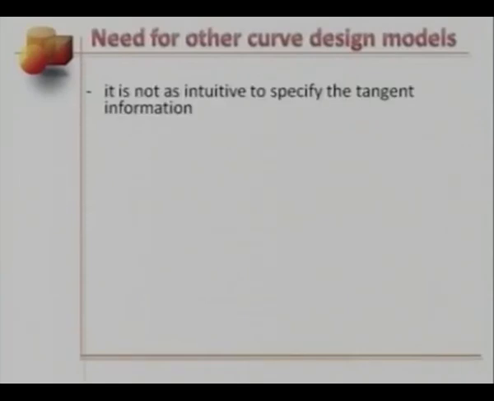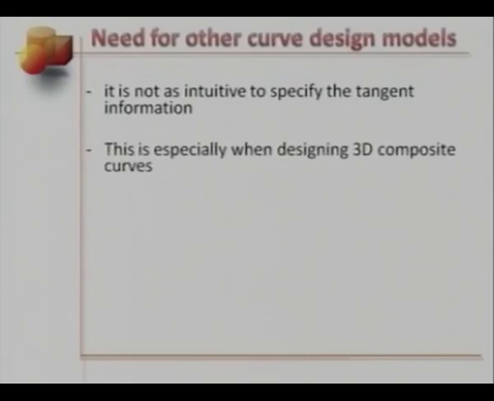Why is there a need for other curve design models? In previous lectures, we had discussed how to design Ferguson segments and curves. It was not very intuitive to specify the slope information or tangent information. This is especially when our designer wants to design a three-dimensional composite curve.